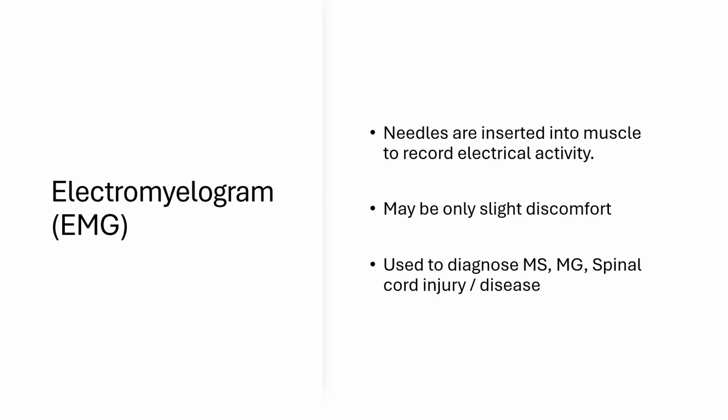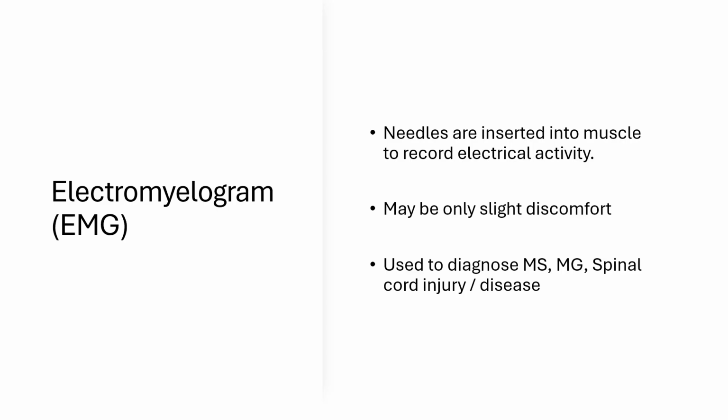Next is an electromyelogram, also known as an EMG, and it involves inserting fine needles into muscles to record the electrical activity of the muscle. So instead of an ECG, which is an electrocardiogram, it's an electromyelogram.